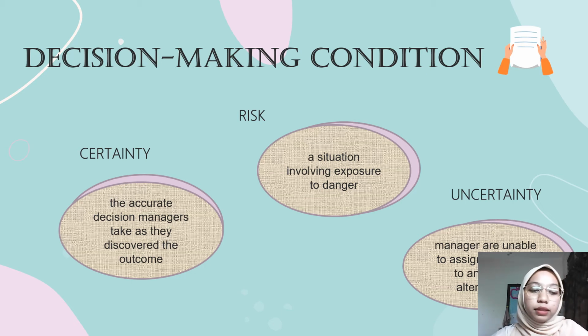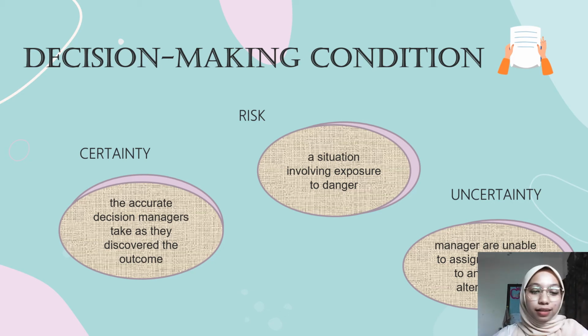Second, risk. The situation involves exposure to danger. In this case, risk exists when the individual has some information regarding the outcome of the decision, but that's not everything. When making a decision under a condition of risk, the manager may find it helpful to use probability.